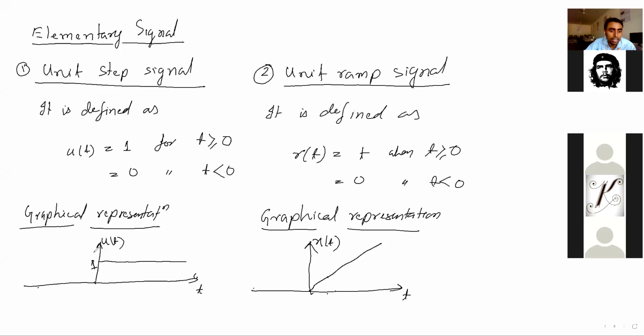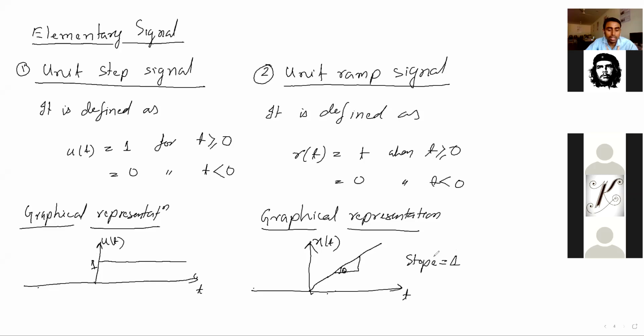For the unit step, since its amplitude is 1, it is called the unit step signal. Why is this called the unit ramp signal? Because this slope, where slope means the inclination, is unity, or you can say the slope is 1.